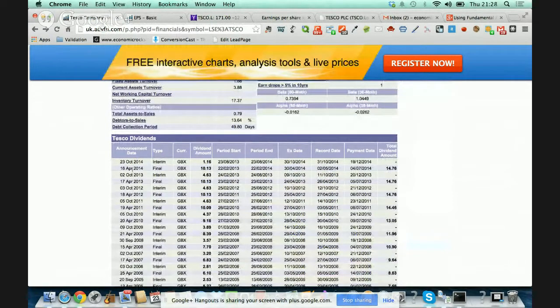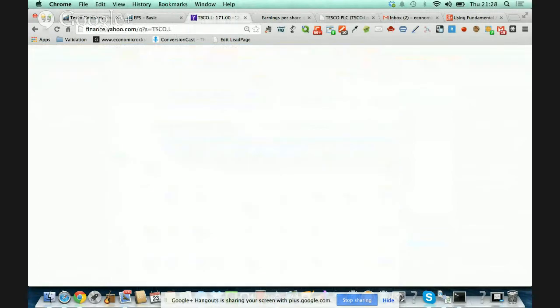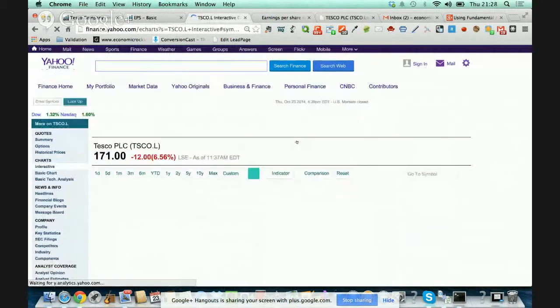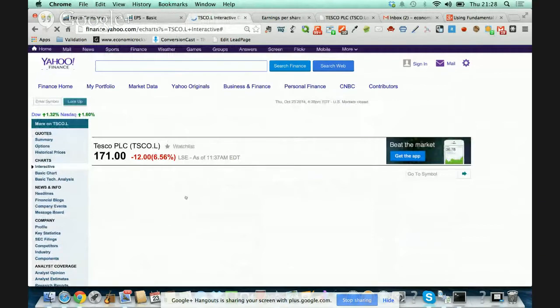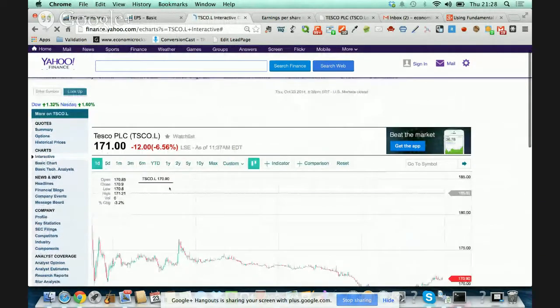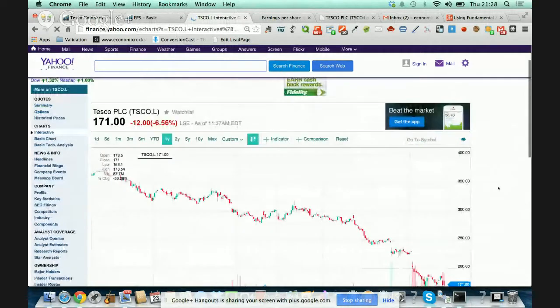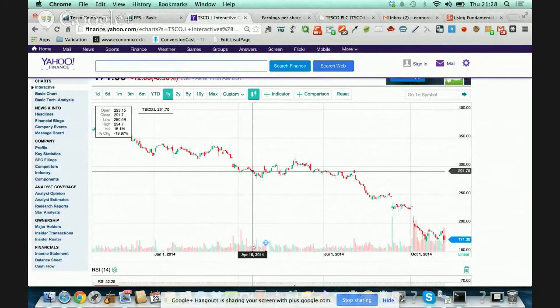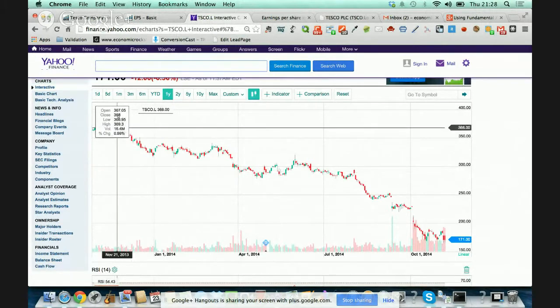So I'm just going to go to a Tesco chart to analyze that particular stock price and see what it was like back on the 16th of April. So on the 16th of April, the price of the stock, if you see it in the little square, you'll see the price of the stock here, and the closing price is what we're looking for.